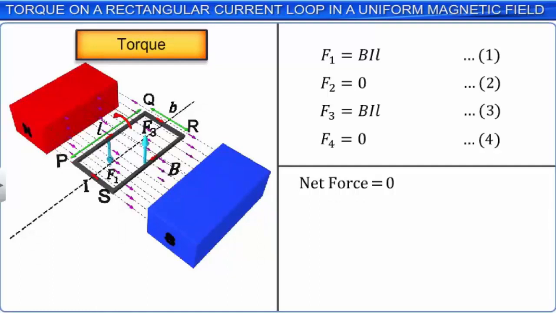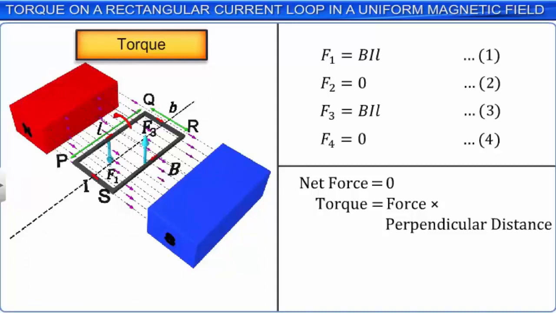The magnitude of the torque τ1 due to F1 is equal to the product of F1 and the perpendicular distance between the point of application of F1 and the axis of rotation. This gives τ1 is equal to F1 into half of b. Similarly, the magnitude of torque τ3 due to F3 is equal to F3 into half of b.